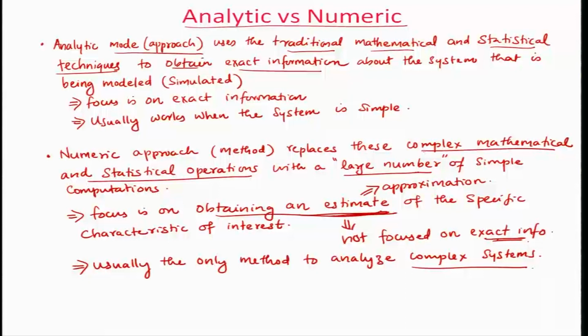The numerical approach replaces the complex mathematical and statistical operations, or the equations, with a large number of simple computations. You use computers to do a set of simple computations to obtain an estimate, or an approximation. That is the numeric method. When you are dealing with large complex systems, you use a numeric approach instead of the analytical mode, which is more dependent on the traditional mathematical and computational approach.